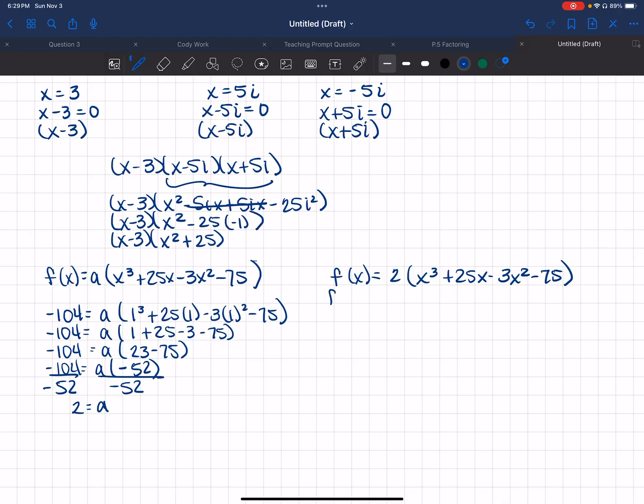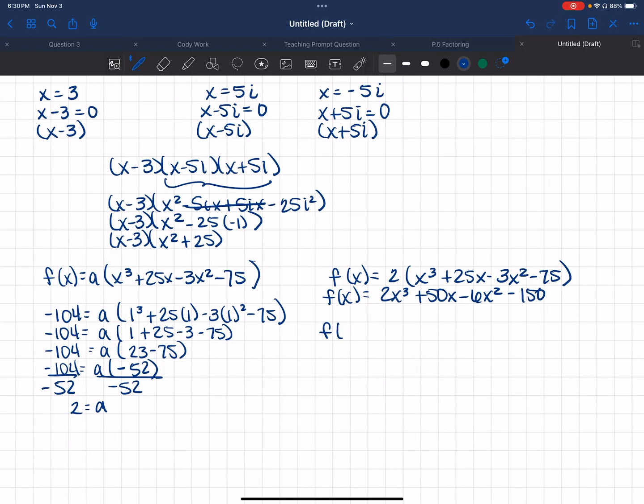So that gives me f of x equals 2x cubed plus 50x minus 6x squared minus 150. And that will leave me with an answer of f of x equals 2x cubed minus 6x squared plus 50x minus 150.